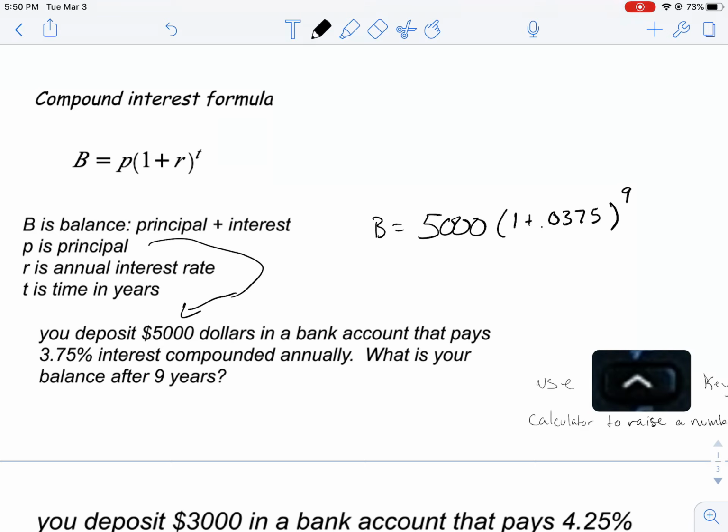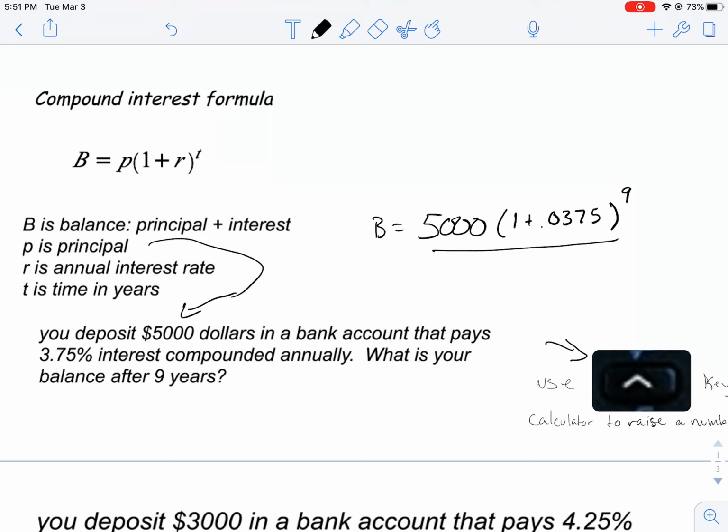When we're entering this in a calculator, once you put this all in, you're going to use this symbol right here on your calculator to raise it to that 9th power. So we've got 5,000 times 1.0375, and then we're going to raise that up to the 9th.